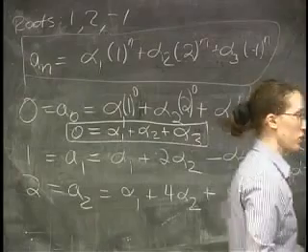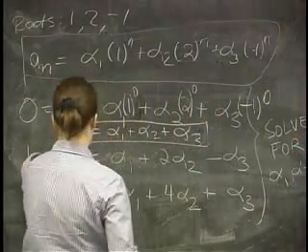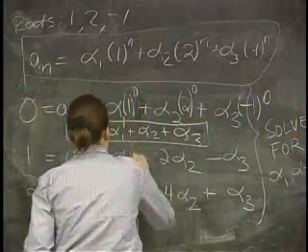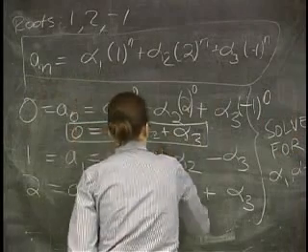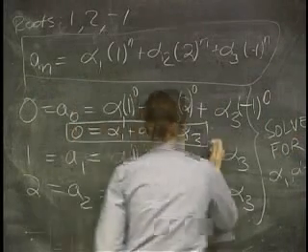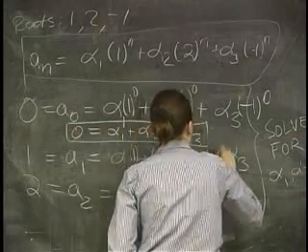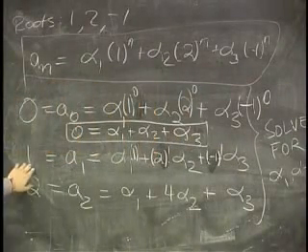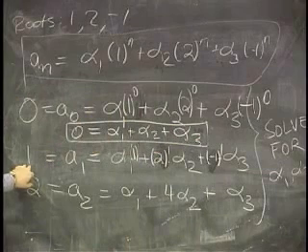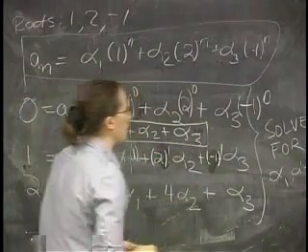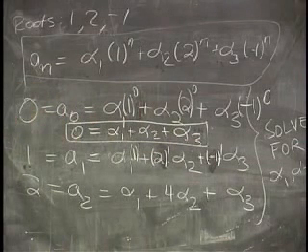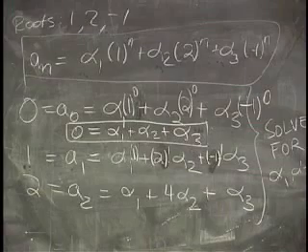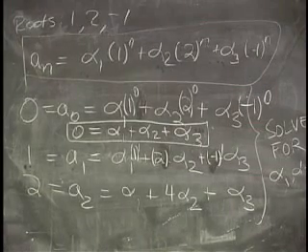From my second initial condition, a_1, by this formula, it's supposed to be 1 to the 1 times alpha 1, plus 2 to the 1 times alpha 2, plus minus 1 to the 1 times alpha 3. And it's also supposed to be 1 by my initial condition. I also know that a_3 is supposed to be equal to 5 simply by plugging in.